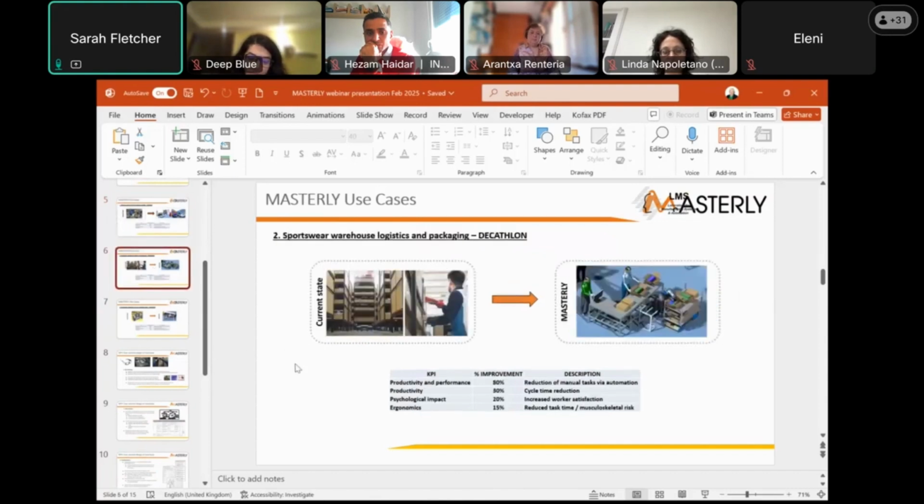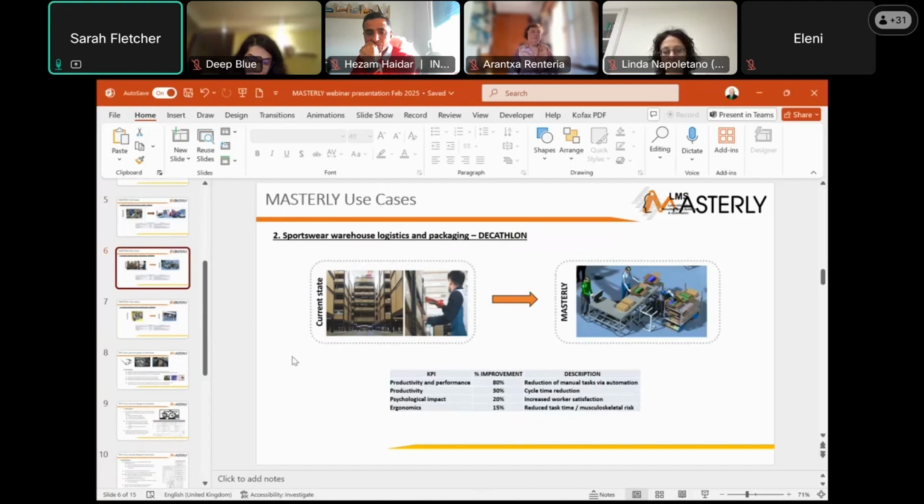Moving on to the Decathlon sportswear logistics and packaging use case, we have the current state where manual operators walk through large areas of a warehouse and pick orders, individual orders for packaging and sending out to customers.